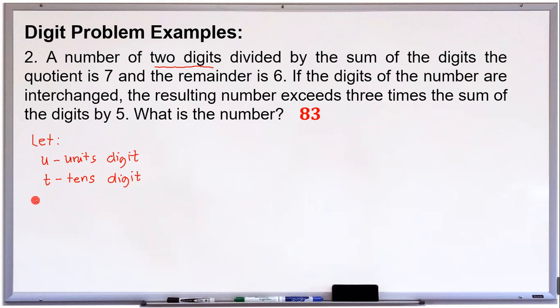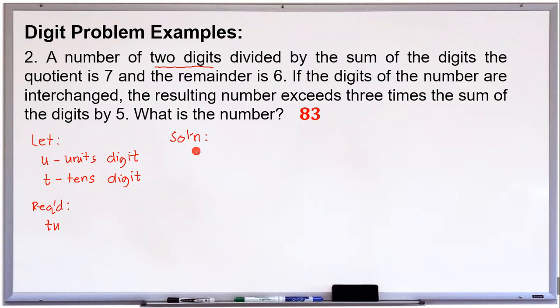Our requirement, what is asked in the problem, is the number itself, so it is written as tu, starting with the tens digit followed by the ones digit. So, solution.